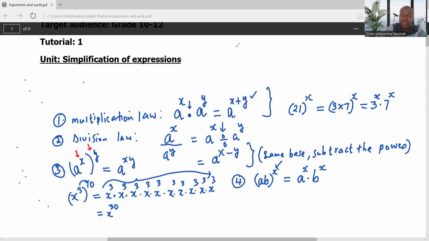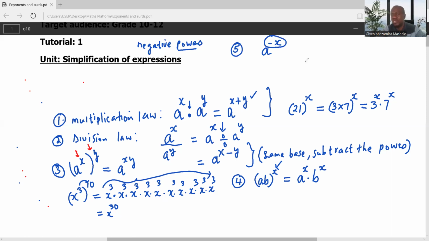Number 5 says, if you have a raised to the power minus x, and the power is negative, how do we deal with this?